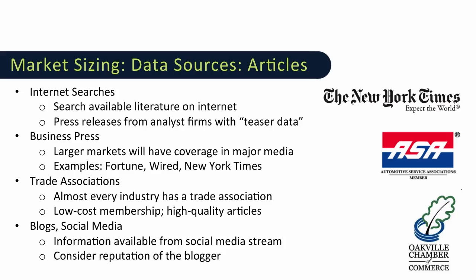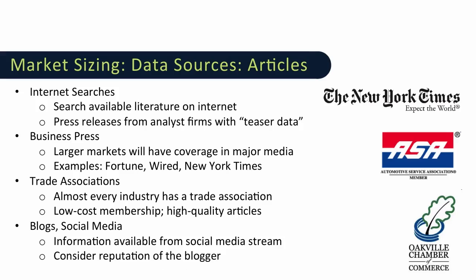Many other secondary information data sources exist. We can simply search on Google, Bing, and other search engines for relevant information. Analyst companies often announce new market reports with press releases with teaser data to get people to purchase the reports. The teaser data could be exactly what you need.